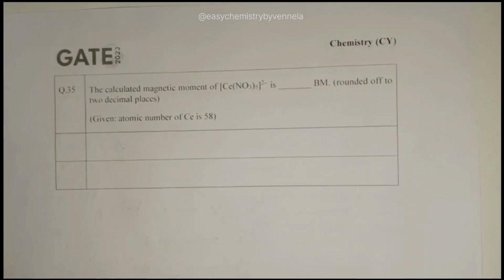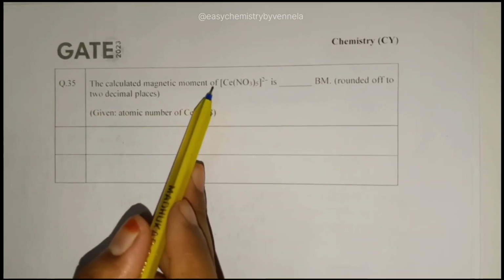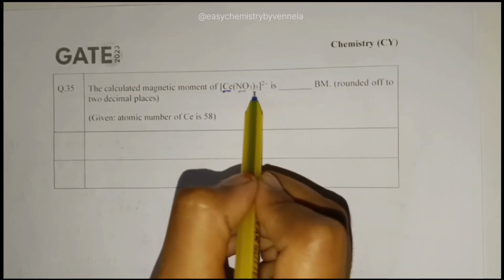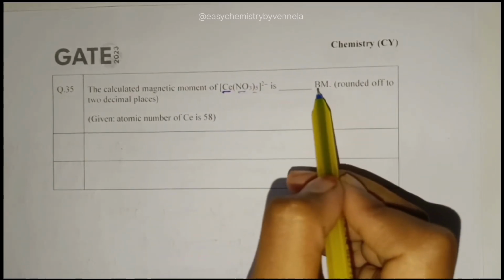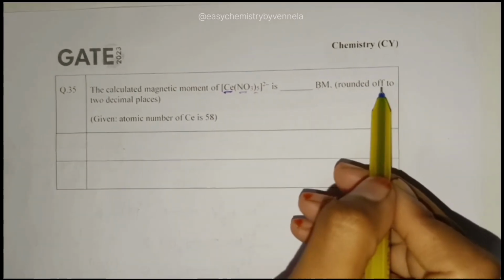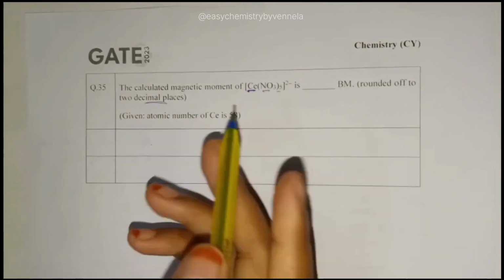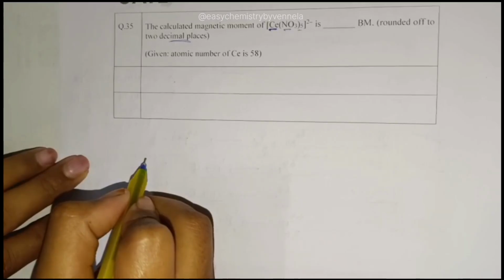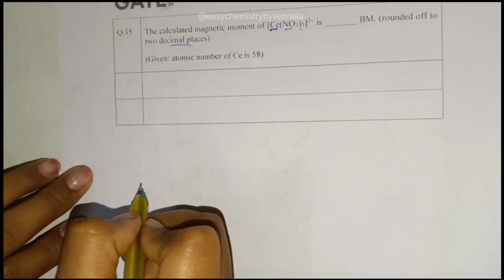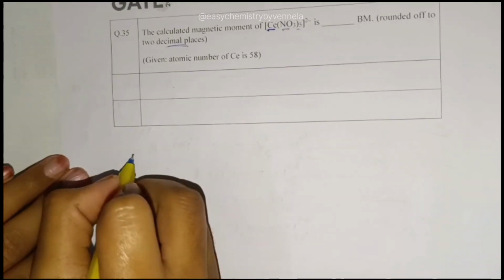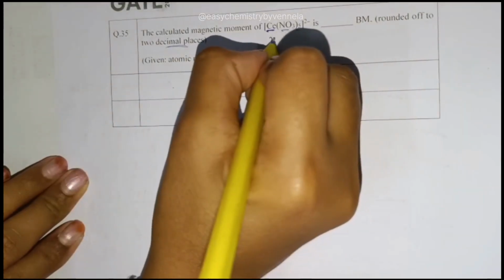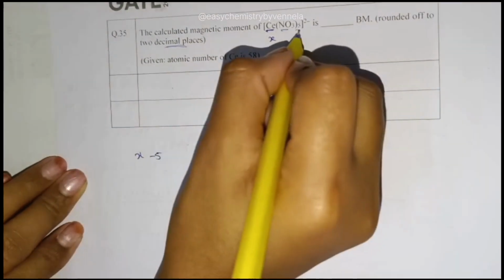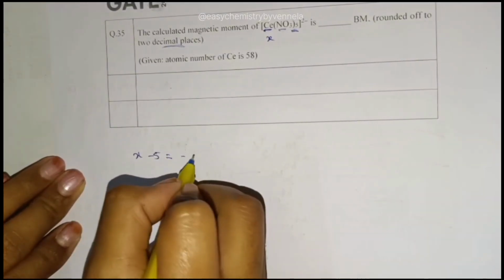So our next question is, the calculated magnetic moment of CeNO3 taken 5 times minus 2 is dash BM, rounded off to 2 decimal places. So here first of all you have to know the oxidation number of cerium. Here how to find the oxidation number? Cerium is taken as X minus 5, here 5 is equal to minus 2.